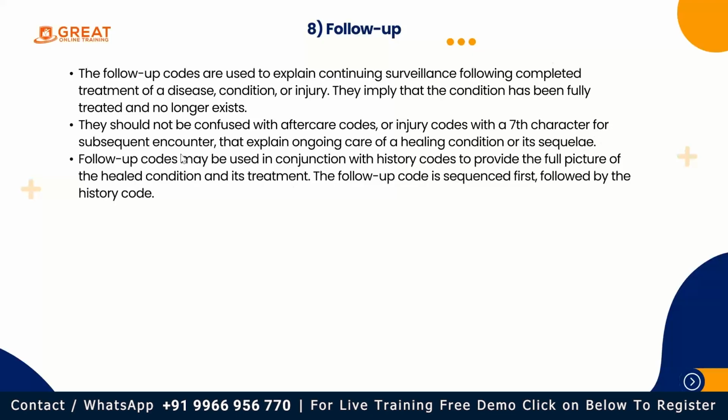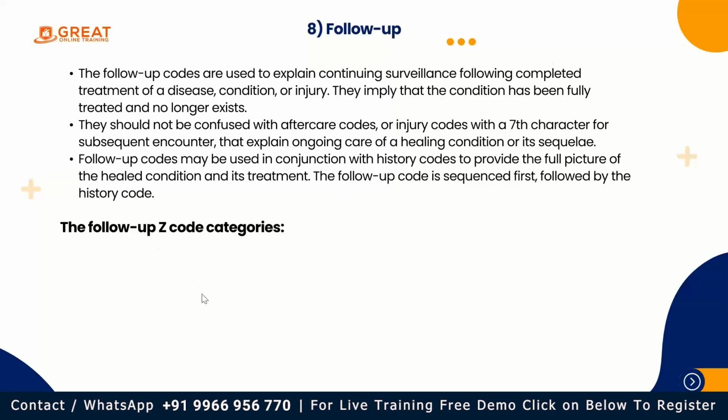Follow-up codes may be used in conjunction with history codes to provide the full picture of a healed condition and its treatment. The follow-up code is sequenced first, followed by the history code. When you need to use two codes, a follow-up code and a history code, you need to sequence the follow-up code first, then the history code.